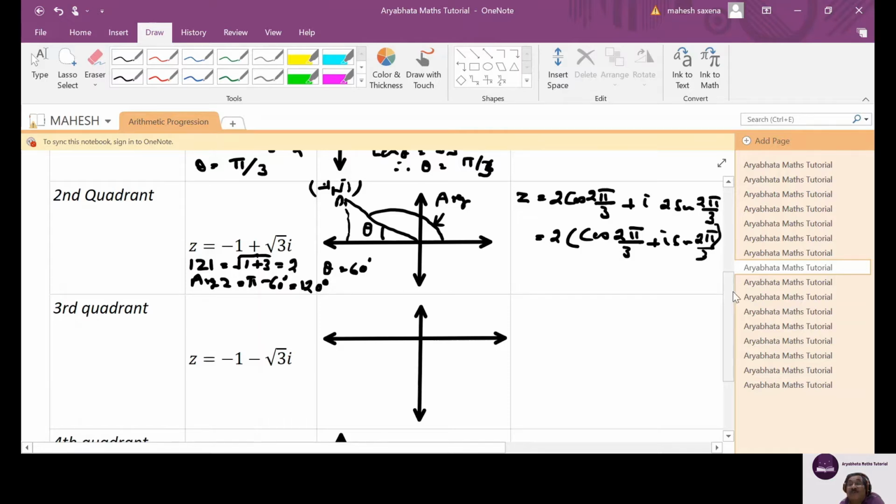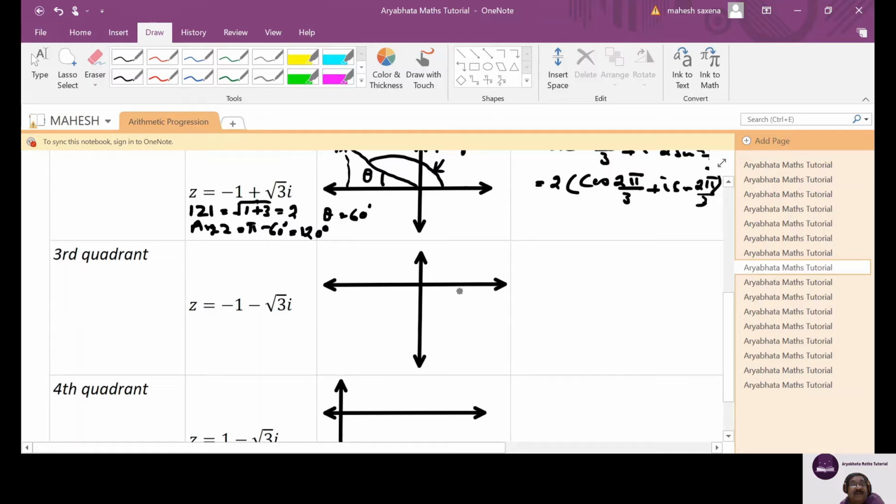Now suppose the point is in the third quadrant. Then the point P will be here, it is (minus 1, minus root 3). In this case, this will be 60 degrees, and this will be the argument of z. Modulus z will again come to 2.